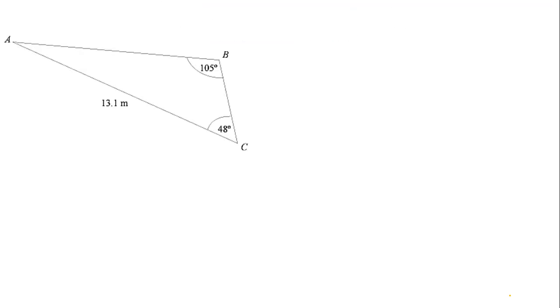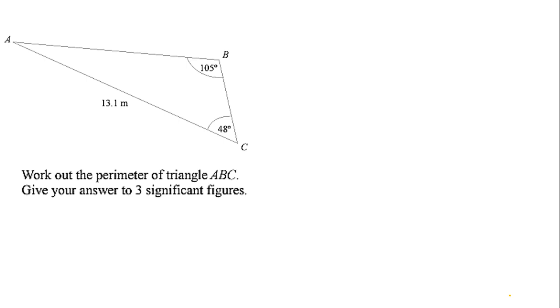So today's question is, this is a triangle ABC and it says work out the perimeter of the triangle ABC, give your answer to three significant figures. To begin with, it is important that you know that the perimeter of a triangle is equal to the sum of all sides.